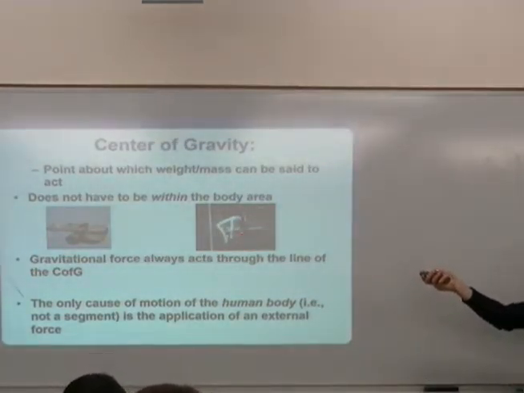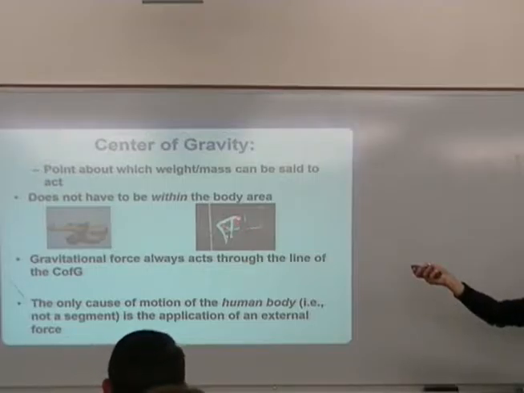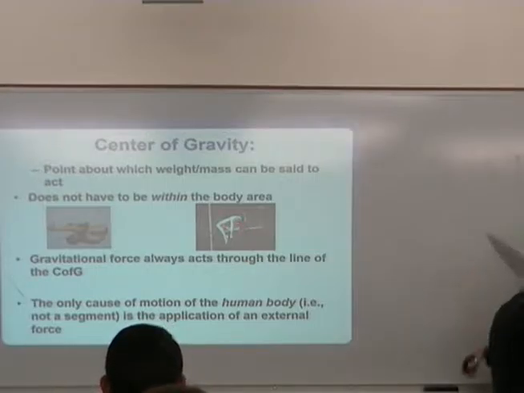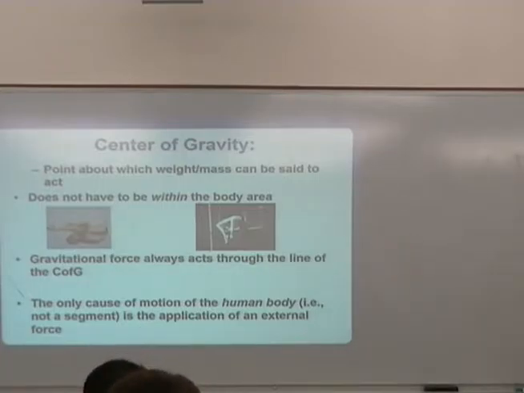On this picture here, where the athlete is doing a Fosbury flop, a high jump, because of this big arch, their center of gravity moves outside to about here. Right? It's important to have a rough idea where the center of gravity might be, because that's where gravitational force acts on the skill. All right? Gravitational force always acts through the line of the center of gravity. That's where it got its name from.